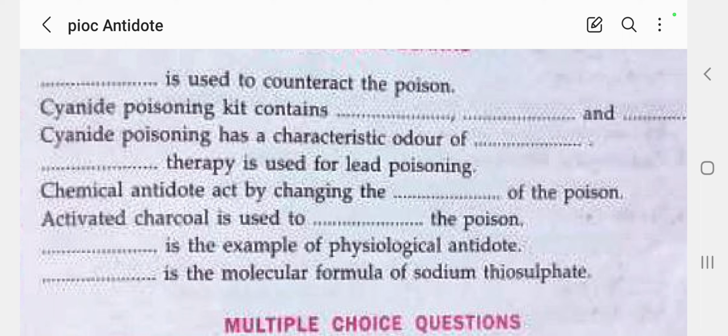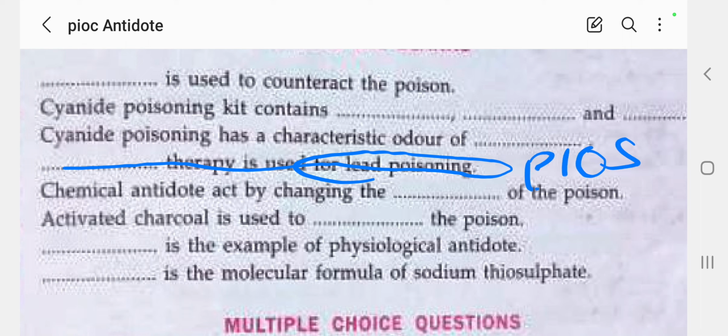Okay. So next, dash therapy is used for lead poisoning. Usually for lead poisoning we are going to use a substance which will form a complex. So what are the pharmaceutical inorganic substances which will form a chelation or complexation? That is nothing but sodium edetate, or next one dimercaprol.